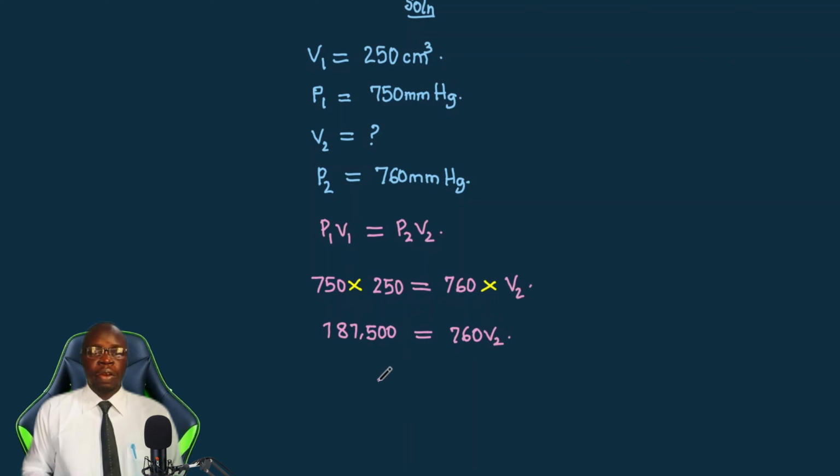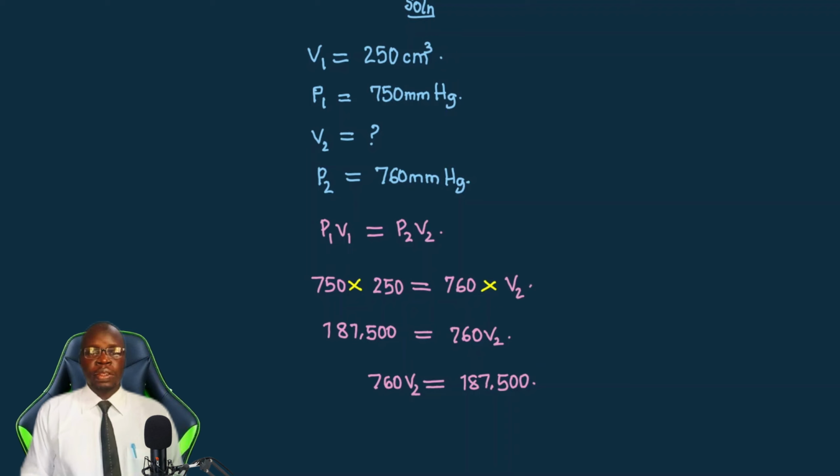Now let's again rearrange. We just swap it around, and we have 760 V2 is equivalent to our 187,500.